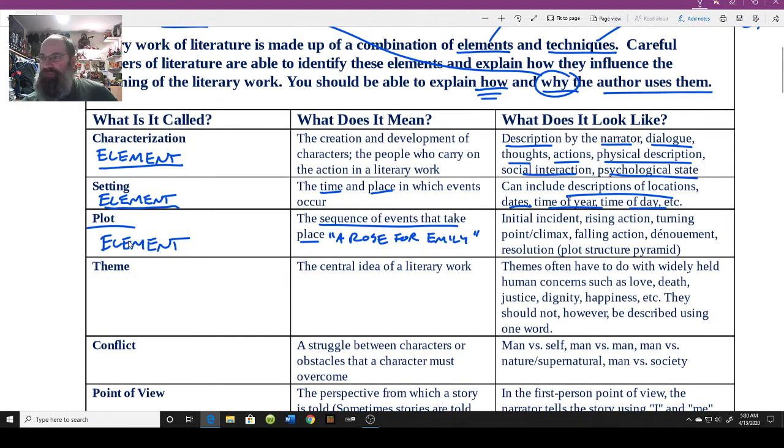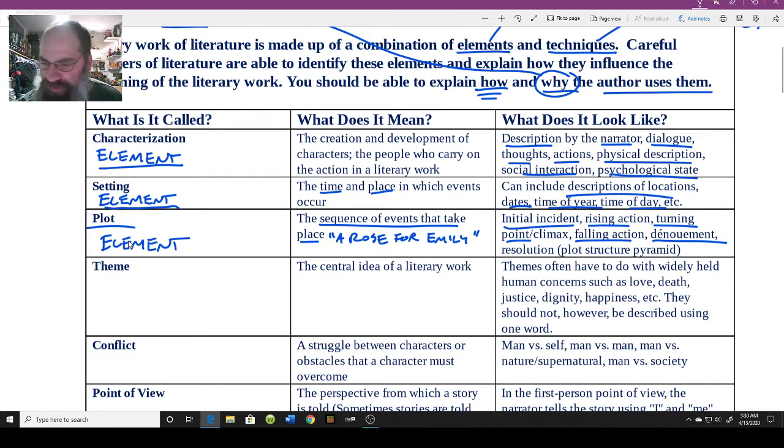It starts with her funeral, and then it works backwards, and then sideways, and it moves around a little bit, but that plot order, when we're told about certain events, matters. So you've got all these fun words: initial incident, rising action, turning point, climax, falling action, denouement. That's a nice fancy word for resolution.